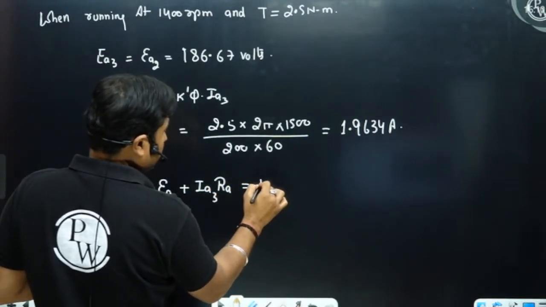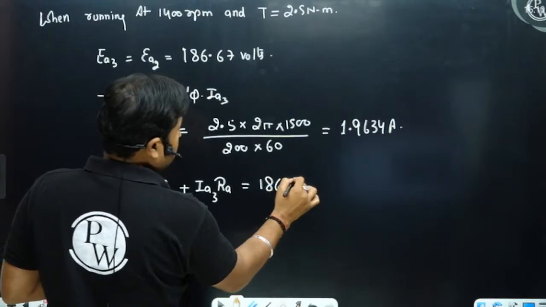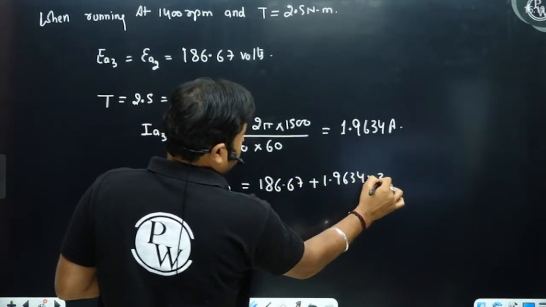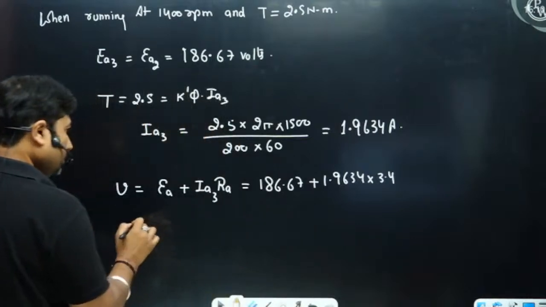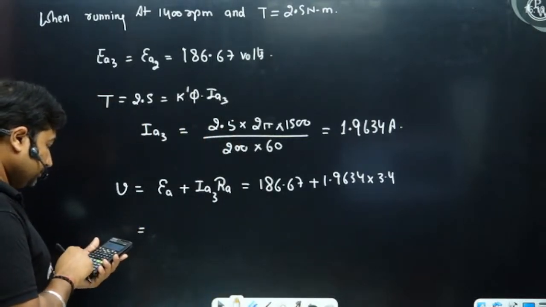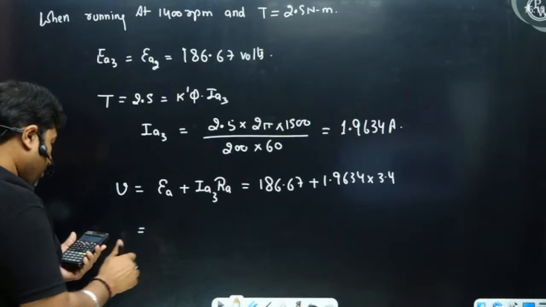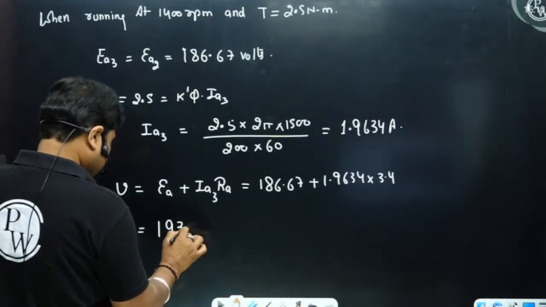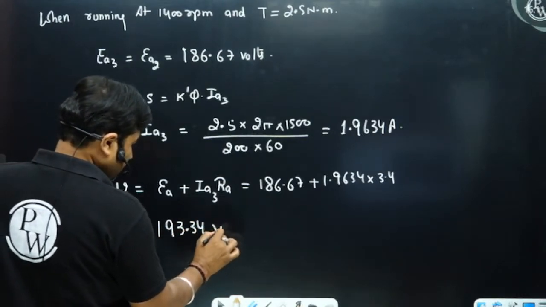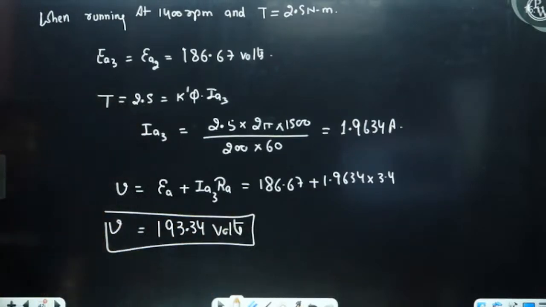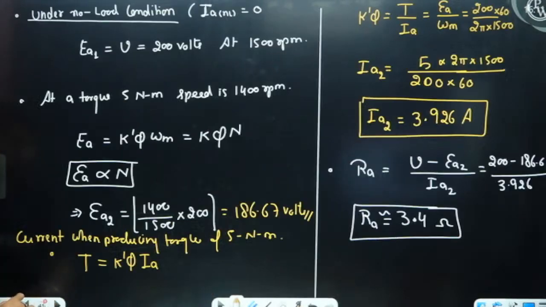EA is 186.67 plus 1.9634 into RA 3.4. So this will become 193.34 volts.